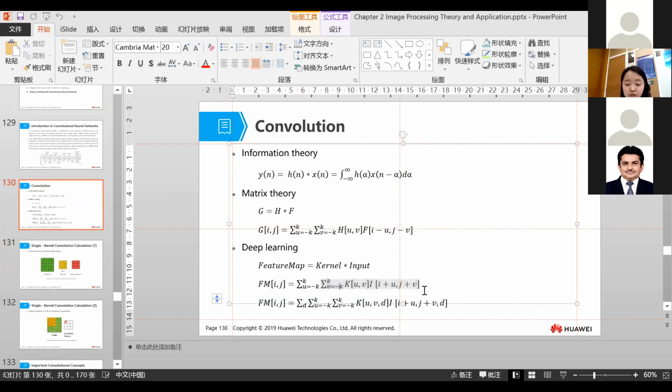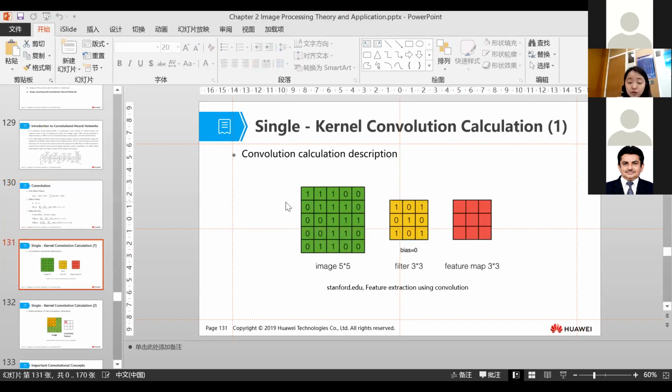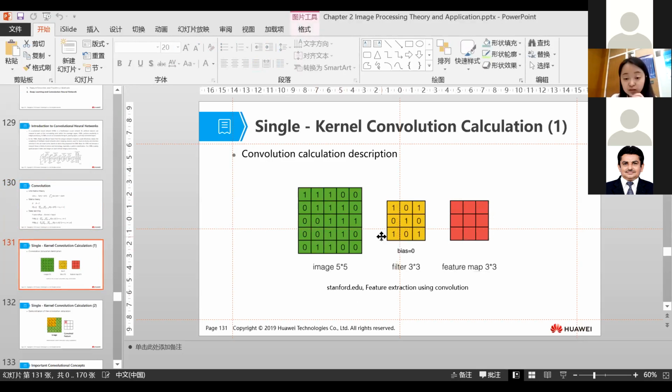To put this equation into perspective, let's look at this figure. For the kernel convolution calculation in a CNN, we calculate the convolution operation like this. Here we have an image, a 5x5 image.